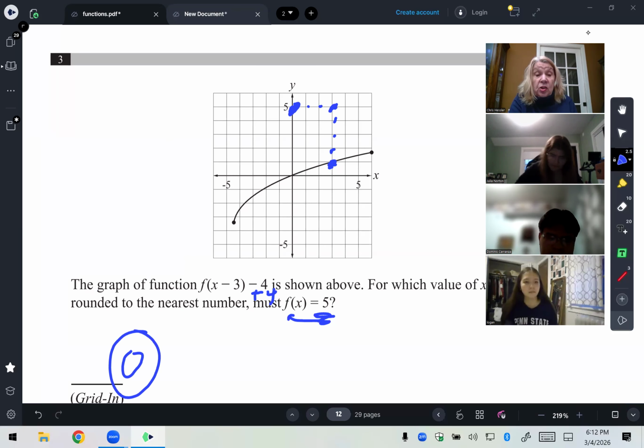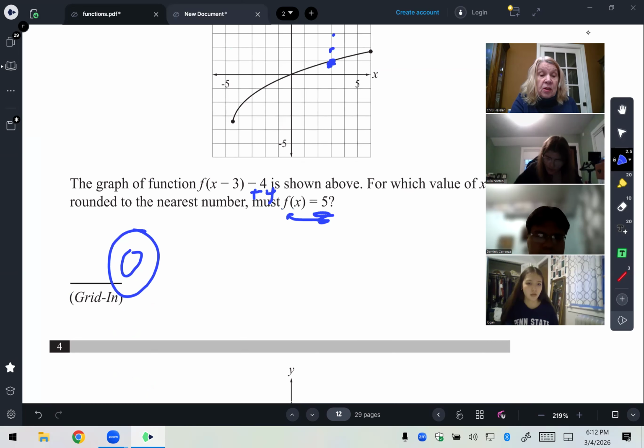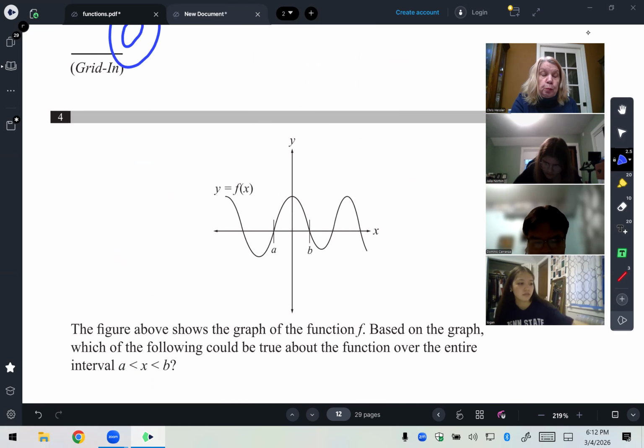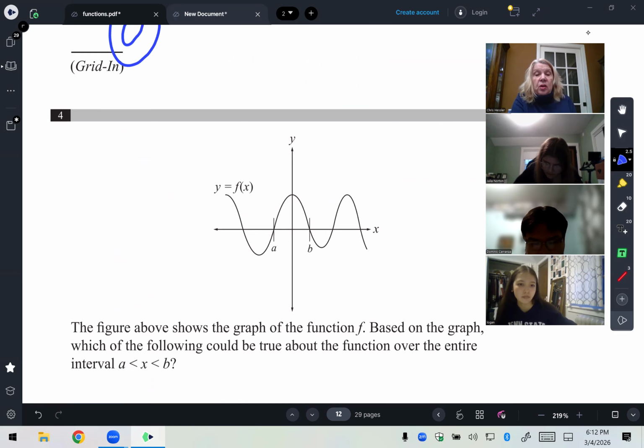Okay, so now the next one, the figure above shows the graph of the function f. Based on the graph, which of the following could be true about the function over the entire interval? Well, there's no line down here, so these are open circles. So we're not going to include A or B because if we had a line underneath, we would, but we don't have it.